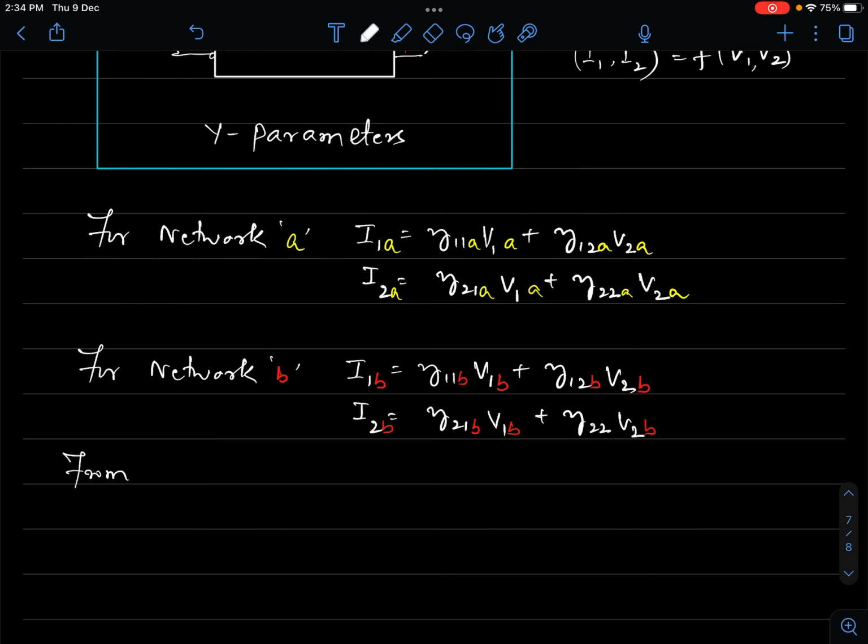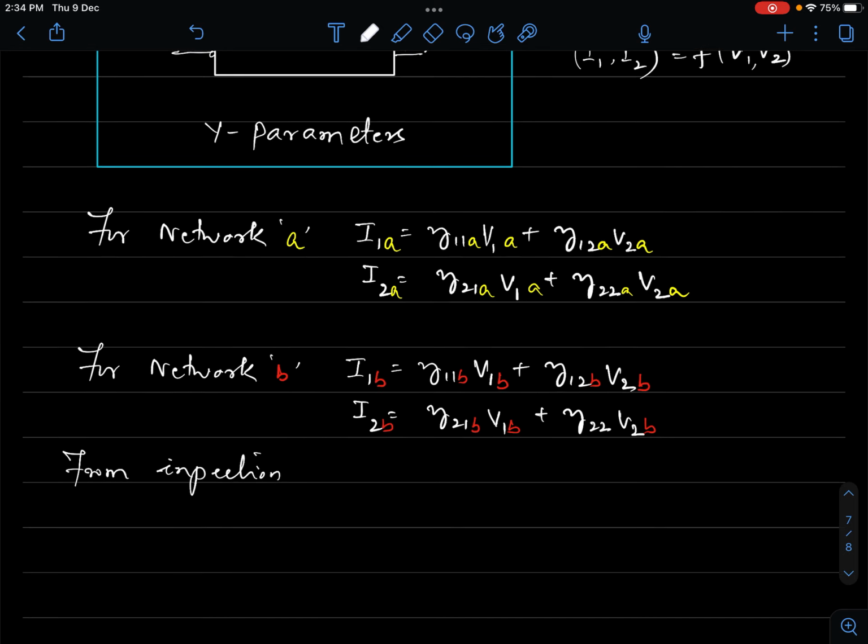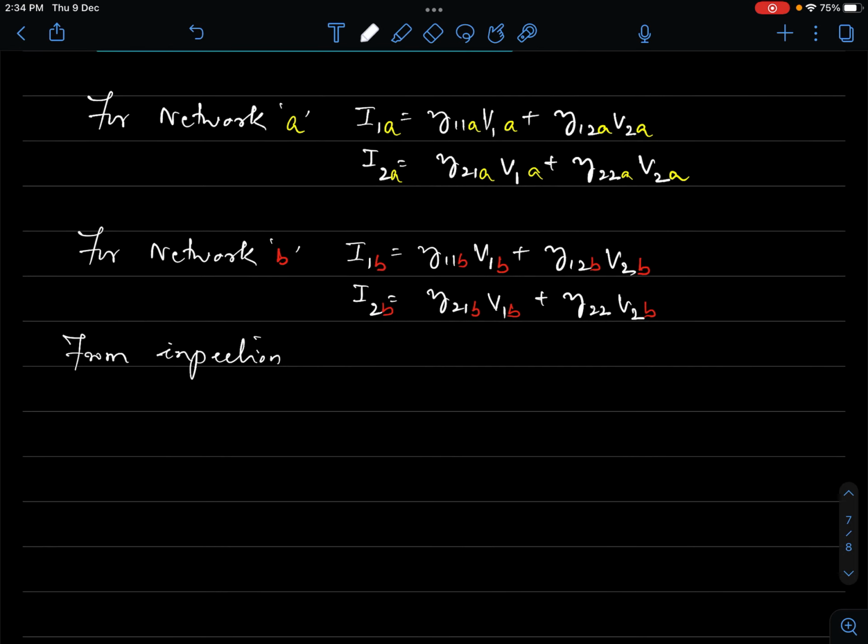From inspection, what I mean is V1A equal to V1B equal to V1. This is one relationship. And V2A equal to V2B, which is V2. This is another relationship.